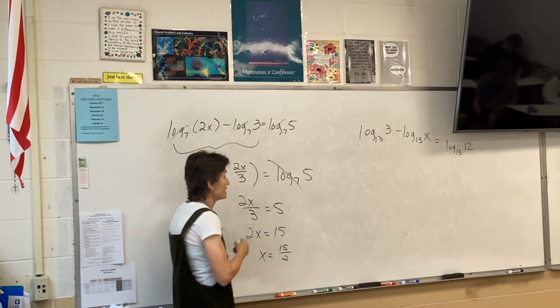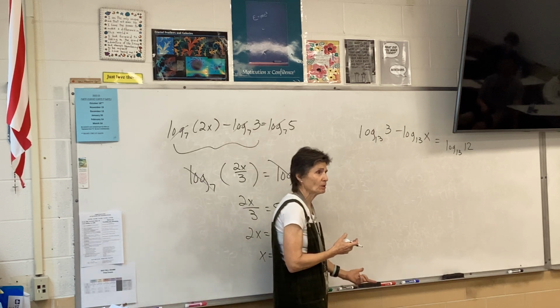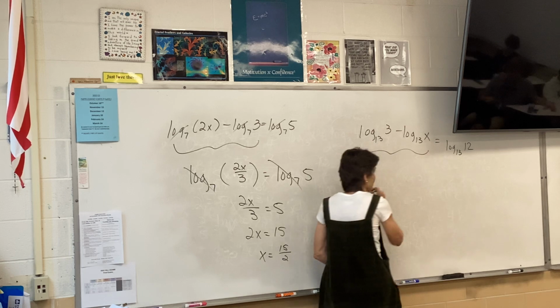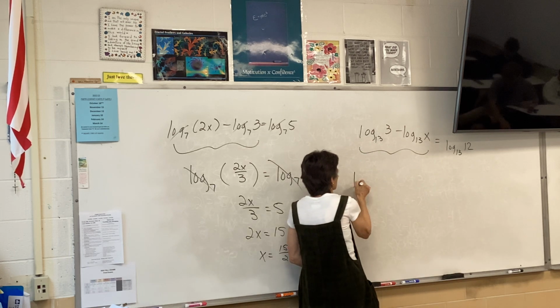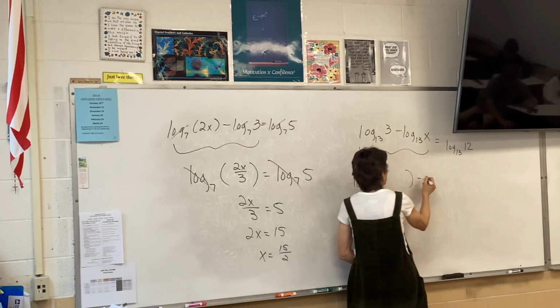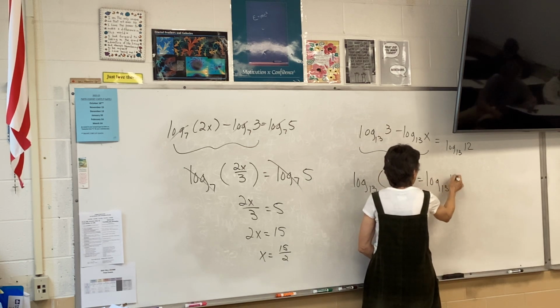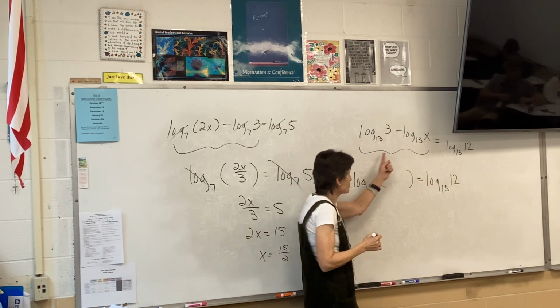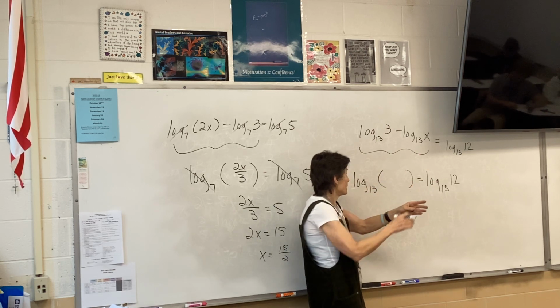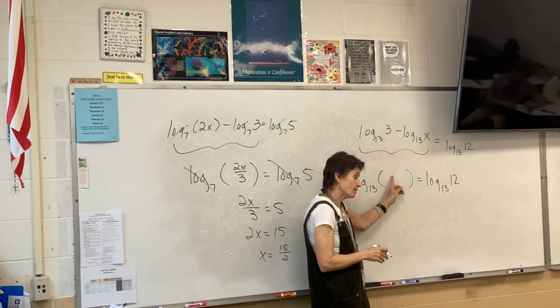Now, when I look at the next one, isn't it very, very similar? So these two have to be put together. So my log base 13 of something equals the log base 13 of 12. So these two are going together. Whatever I put in here is either going to be a times or a divide.